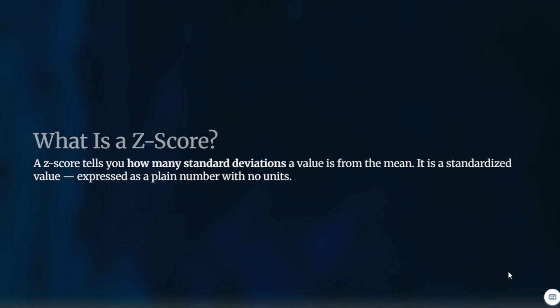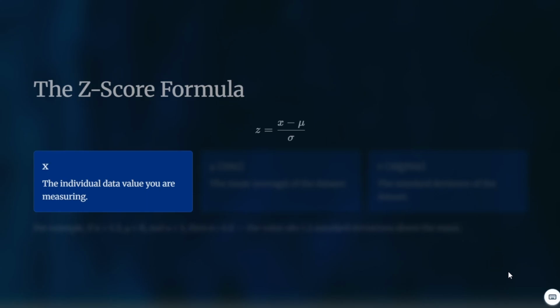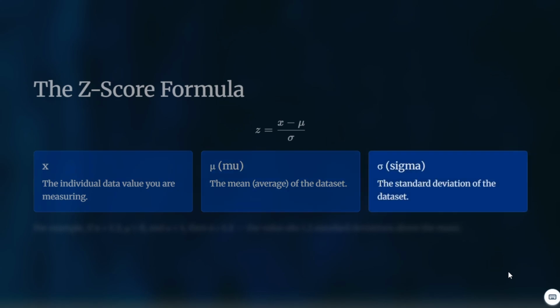It strips away the original units and scale, letting you place any value on a universal measuring stick regardless of the dataset it came from. Here's the z-score formula. z is equal to x minus mu over sigma, where x is the individual data value you are measuring, mu is the mean of the dataset, and sigma is the standard deviation of the dataset.